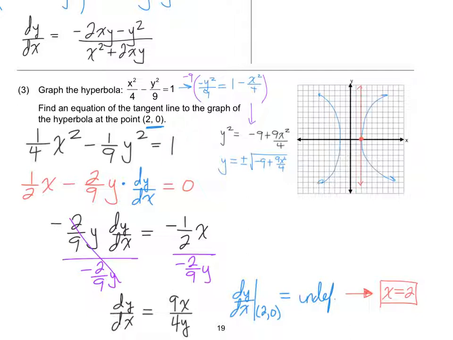Now that one, if you plug in a coordinate for x and y, you get a real number, then it's fair game. You have a slope, you have a coordinate, you could write the equation of the tangent line. But when it's undefined, for something like this, you would not know. But for this, you can actually verify.